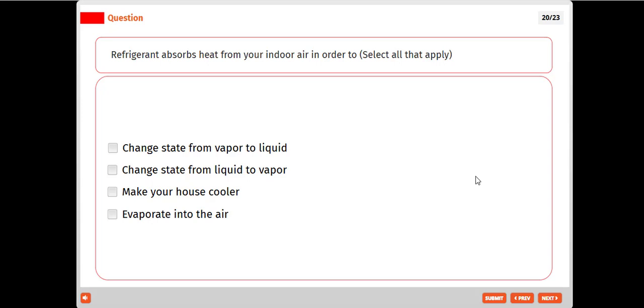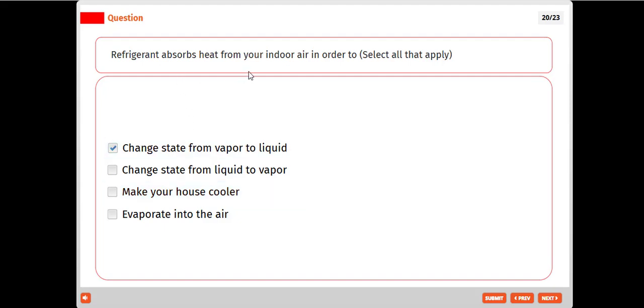Refrigerant absorbs heat from your indoor air in order to, select all that apply: change state from vapor to liquid, change state from liquid to vapor, make your house cooler.